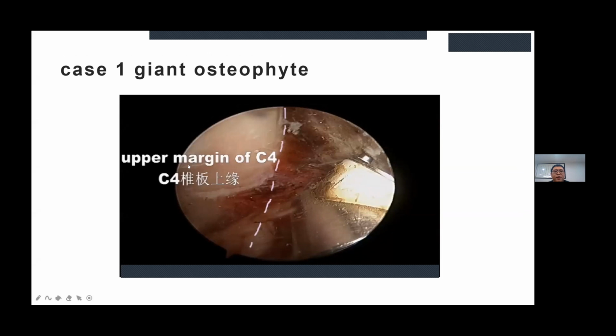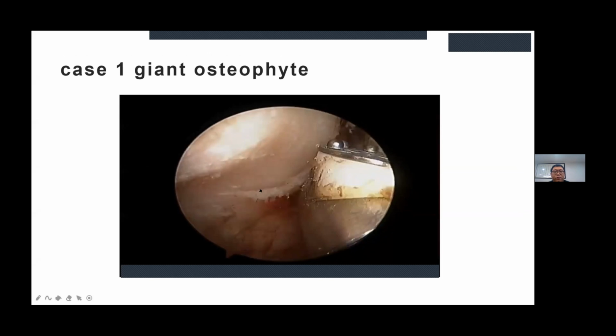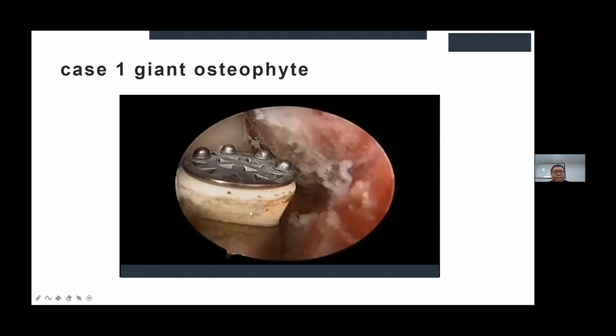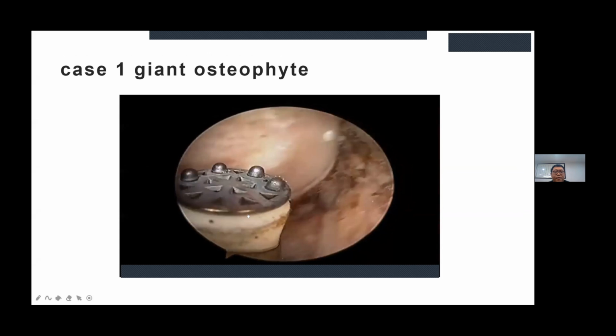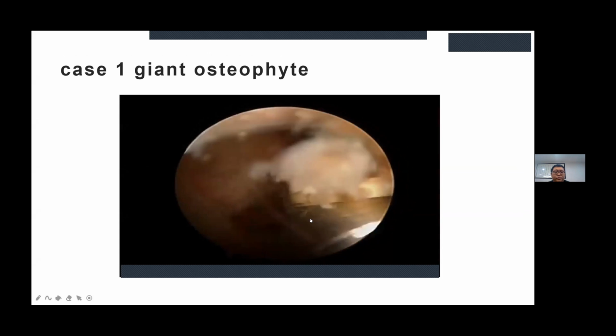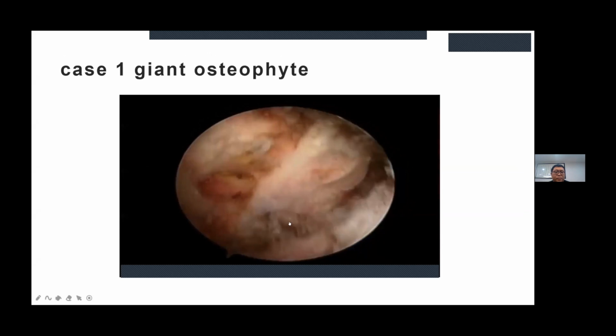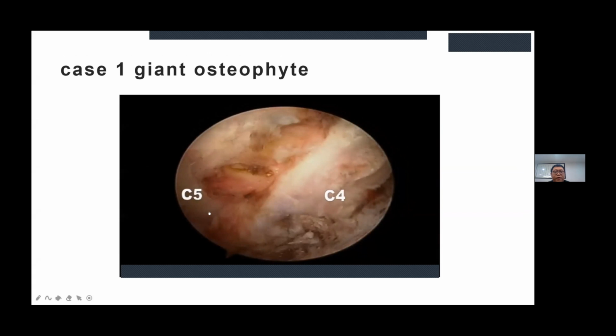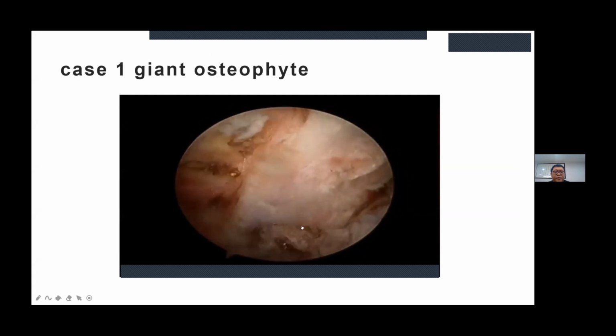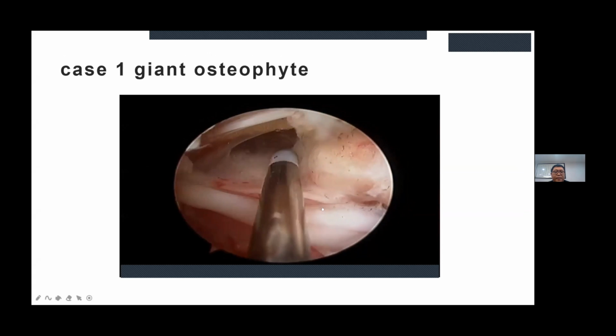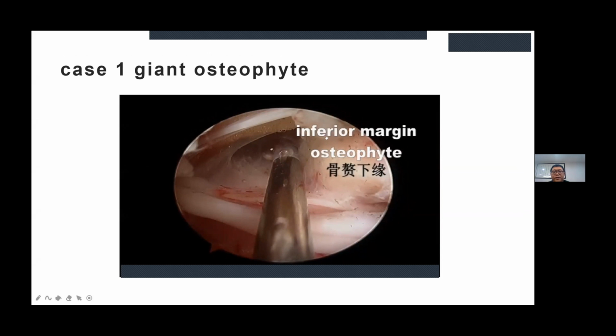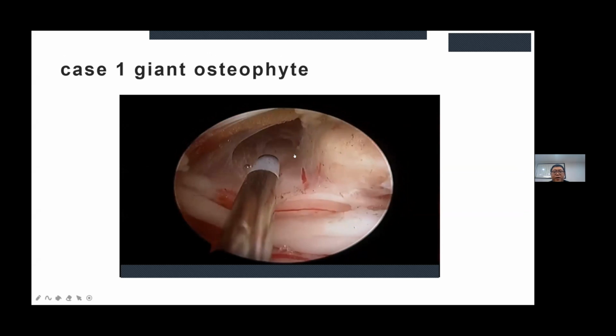You can see the upper margin of the cervical fold. Cervical 5, this is the V point. You can see the inferior margin of the osteophyte.